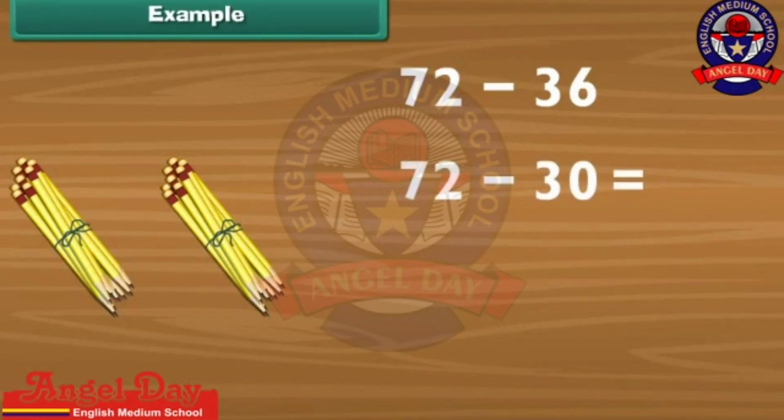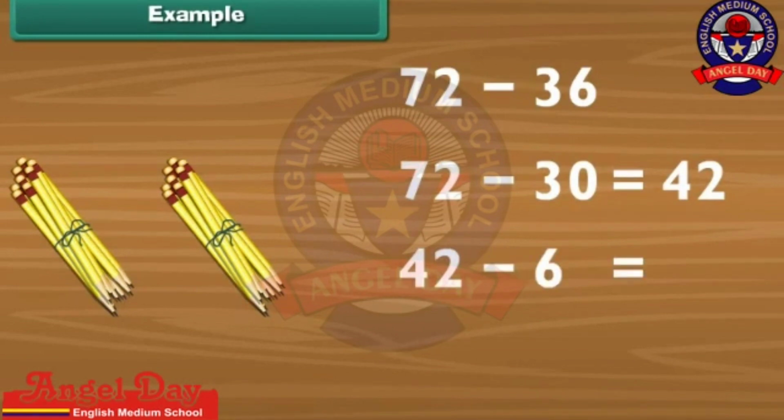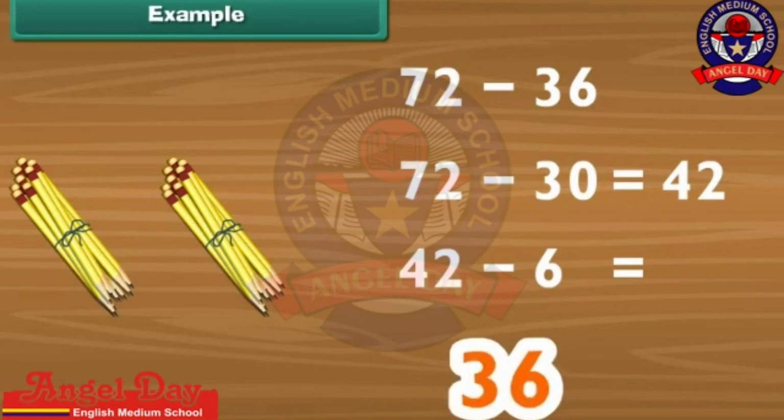The answer is 42. Now subtract 6 from 42 using reverse counting. 41, 40, 39, 38, 37, 36. 36 is the answer.